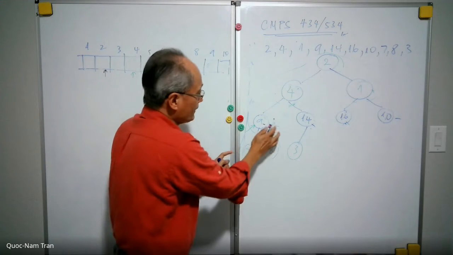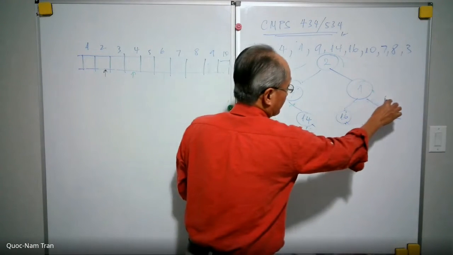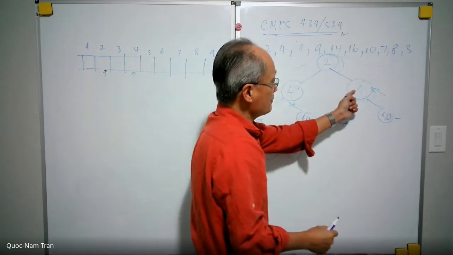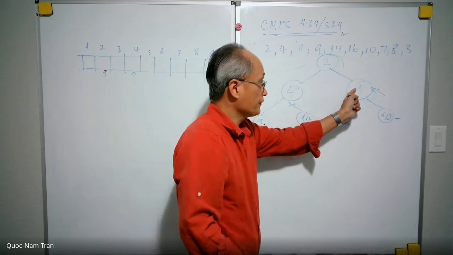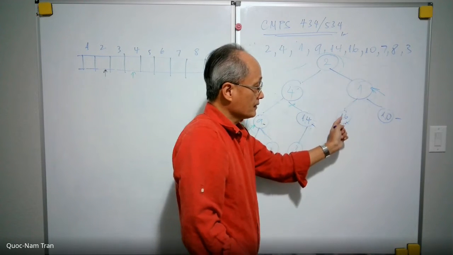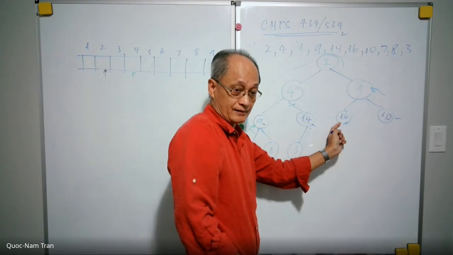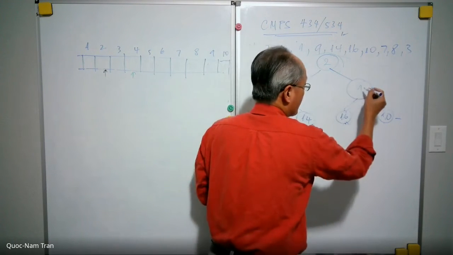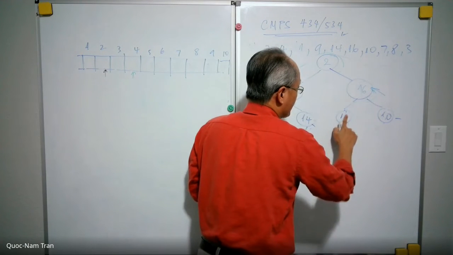The next one will be this node. Now I will find out which value is the biggest. The left child is the biggest, so I will swap with the left child.